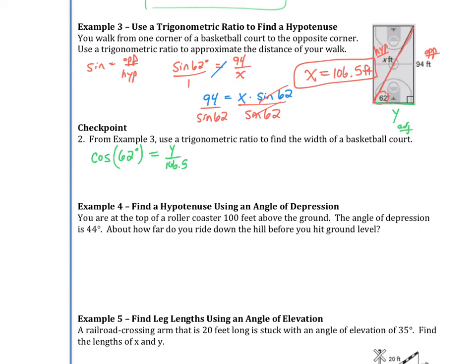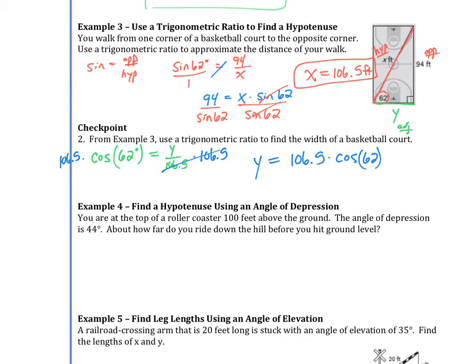106.5. Because we just found out it's 106.5. So we have cosine of 62 equals y divided by 106.5. The opposite of divide by 106.5 is multiply by 106.5. So y equals 106.5 times cosine of 62.